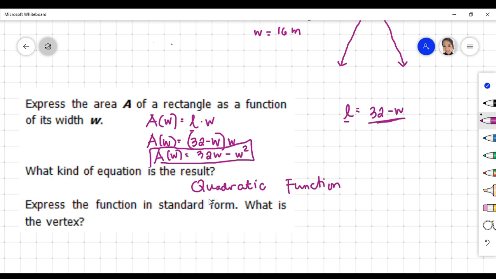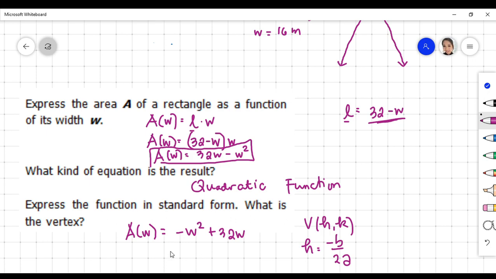And then express the function in standard form. So we have to write this one in the standard form. So A of W is equal to negative W squared plus 32W. So that's the standard form. How about the vertex? So vertex H and K. So H is solved by negative B over 2A.